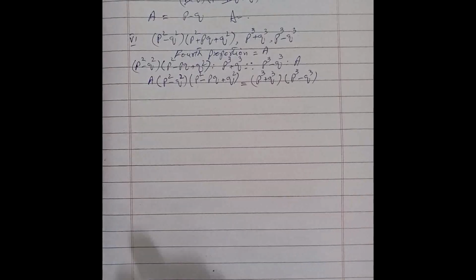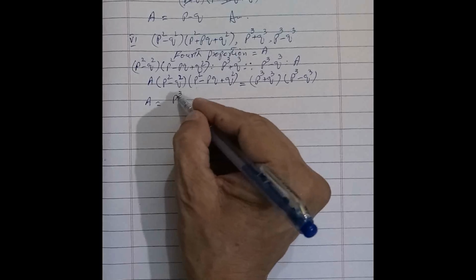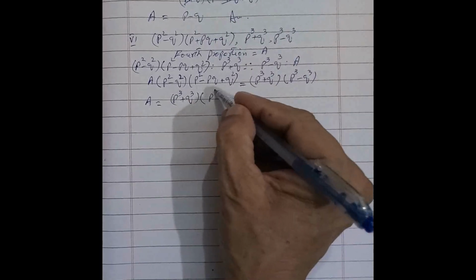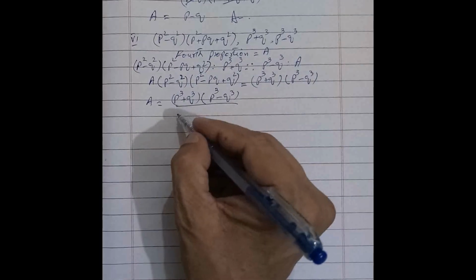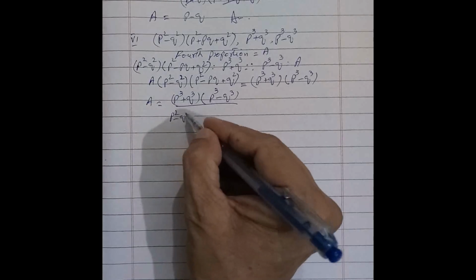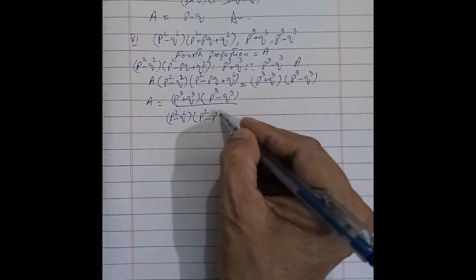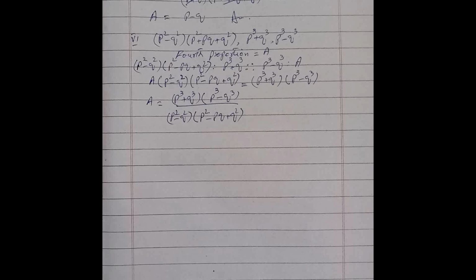And then we simplify these values. We have A is equal to P3 plus Q3 into P3 minus Q3 over P square minus Q square into P2 minus PQ plus Q square.